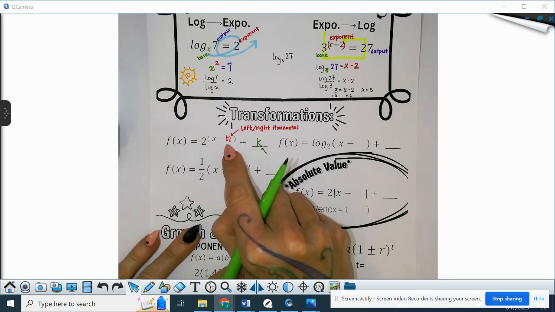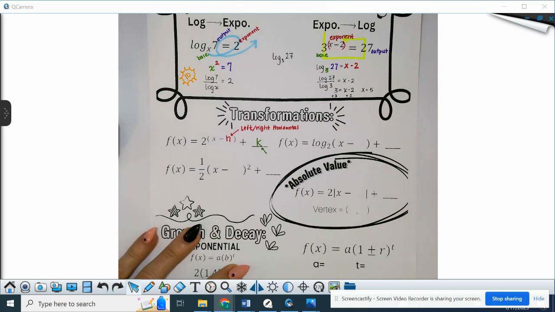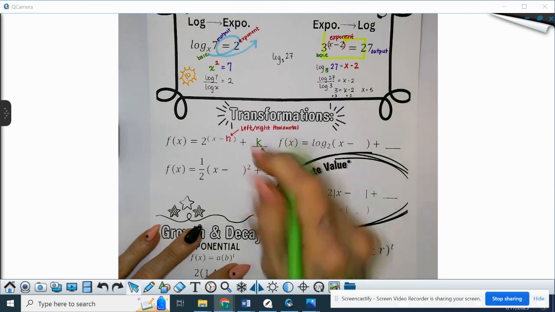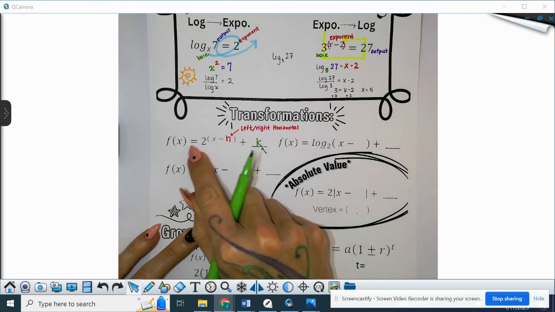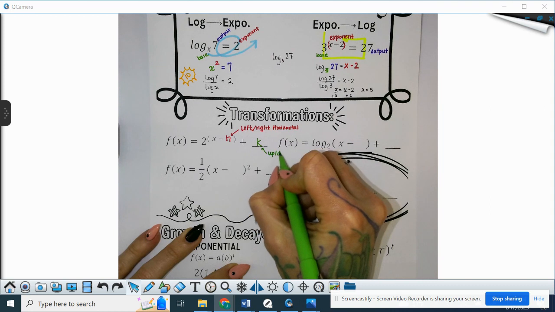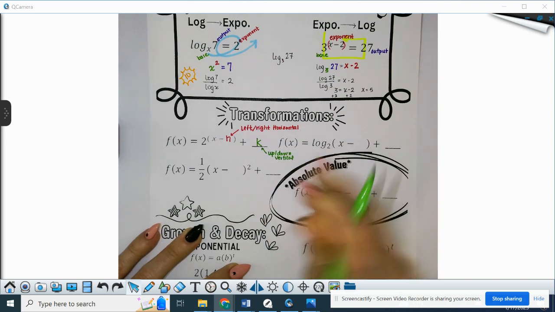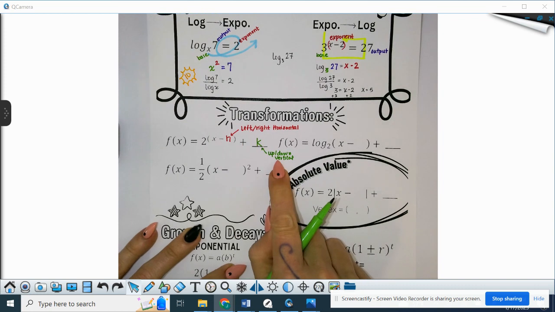Maybe in the exponential you may not see the parentheses just because it's going to be a subscript up at the top. But if it's sitting on the outside, and this value could be in the front, if it's attached by addition or subtraction, this is your up, down. So your vertical change. So this is going to slide it left and right. This is going to slide it up and down.